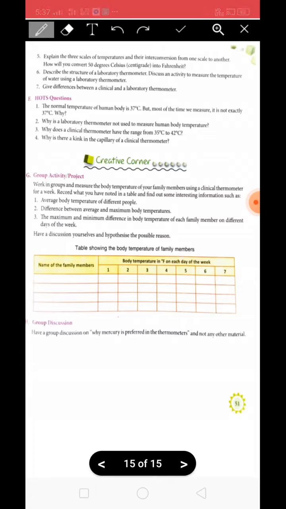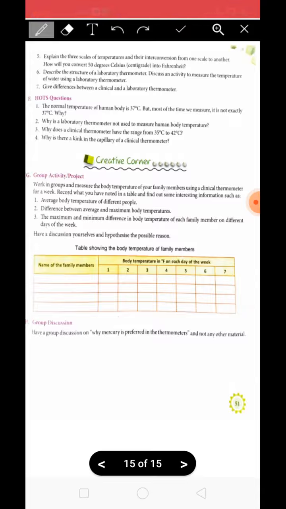But the temperature is not always 37 degrees centigrade. Basically, it depends upon the age of the person, their sex, what time of the day they are taking their temperature, as well as what kind of activity they have been performing. Depending upon these factors, the temperature may have slight variation.